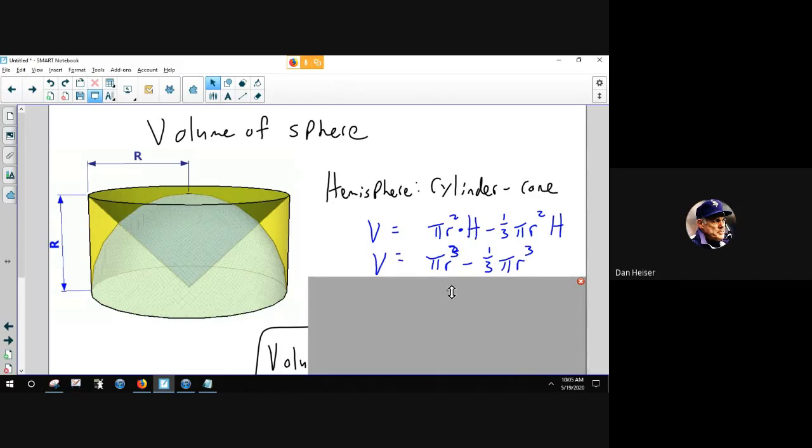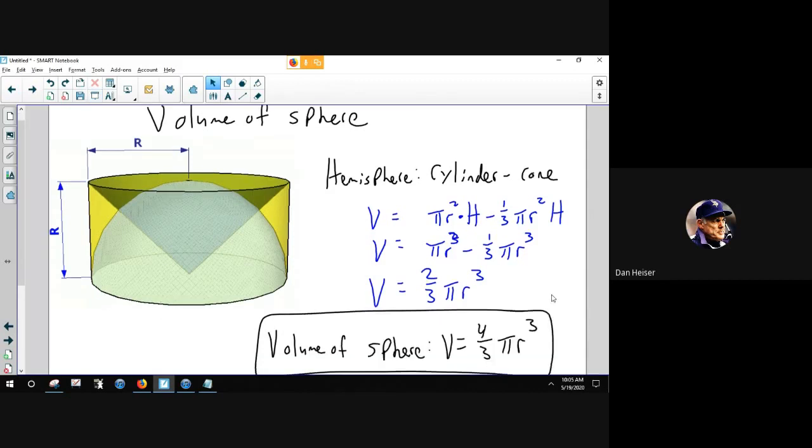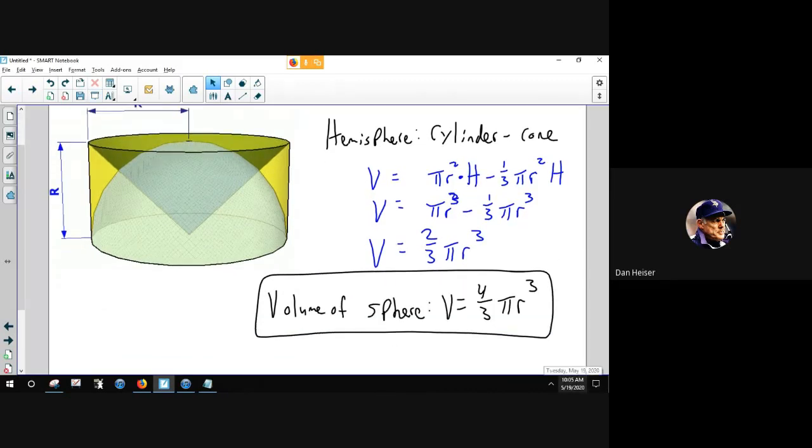And when we subtract those, we get 2/3 pi r cubed. That's the volume of a hemisphere, a half sphere. So to get the volume of a full sphere, we double this. The volume of a sphere, 4/3 pi r cubed.